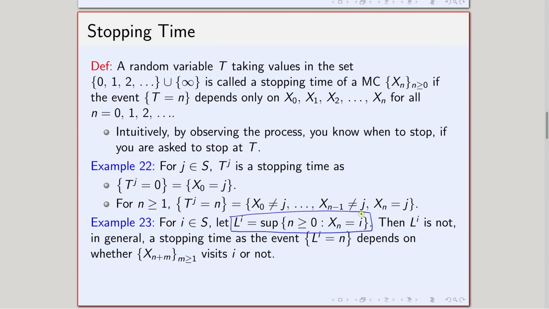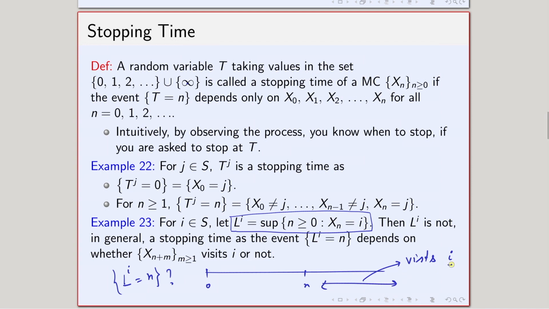Now see, if I have to check whether Li equals n or not, then starting from 0, I have to know what happens in this part, whether the chain visits the state i in the future after n or not.